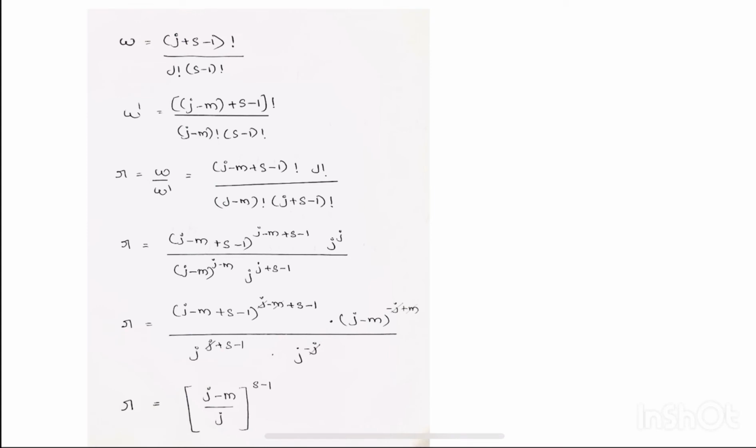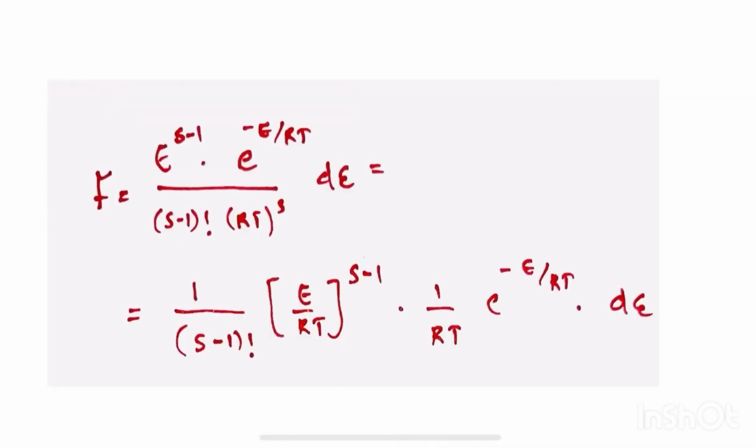Suppose we have the Stirling approximation as n factorial is equal to (n by e) raised to n. This is the Stirling equation. Now the distribution function f of epsilon star that we saw in Hinshelwood theory is in this form: f is equal to 1 by (s minus 1) factorial into (e by RT) raised to s minus 1 into 1 by RT into e raised to minus e by RT dE.